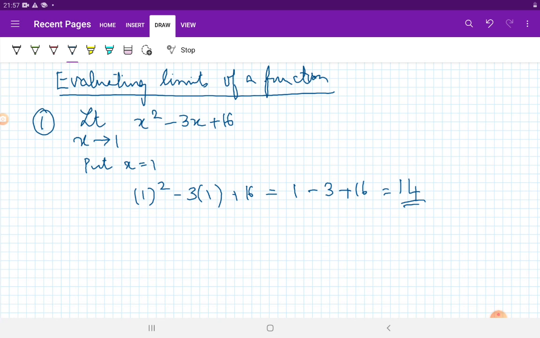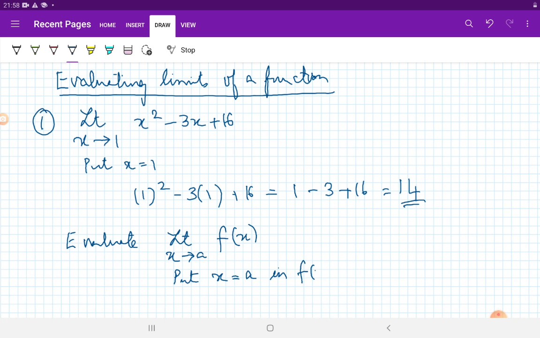So, if you are ever asked to evaluate limit x tends to a for any function, your first step would be to put x equals to a in the function f of x.